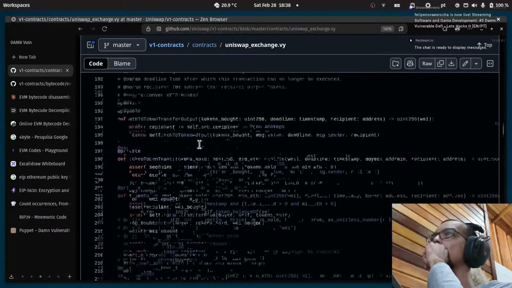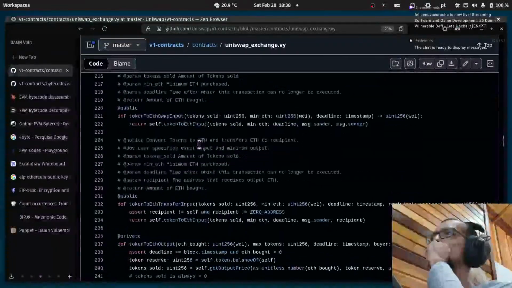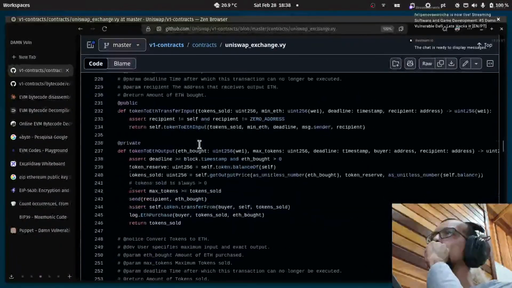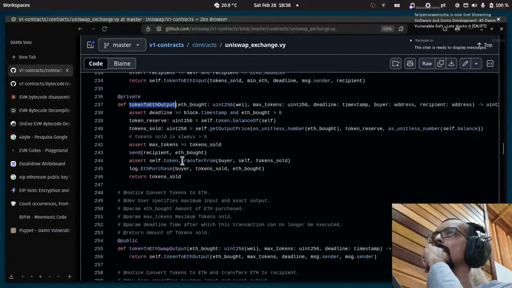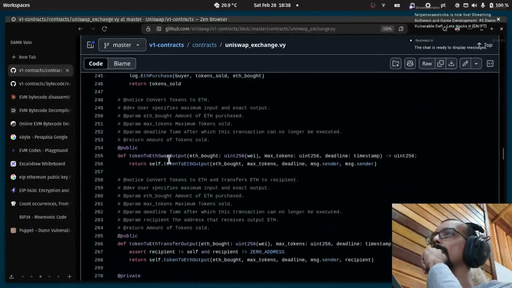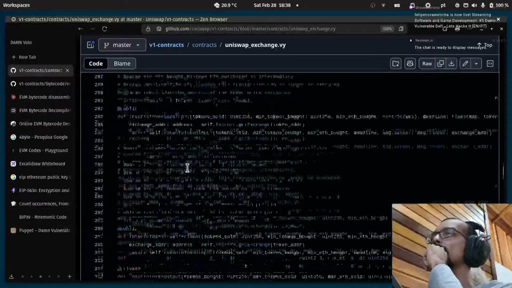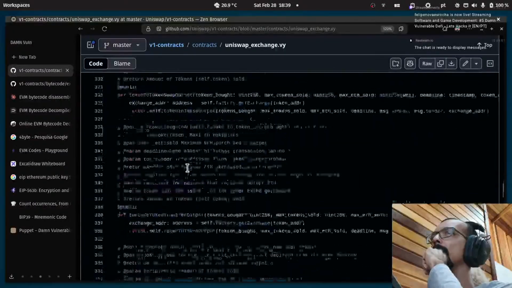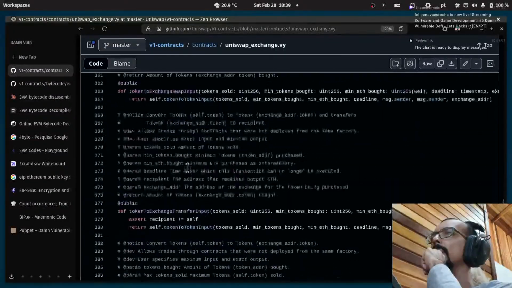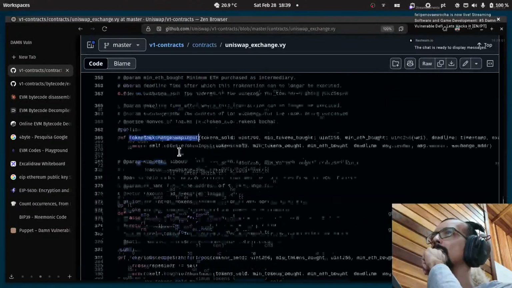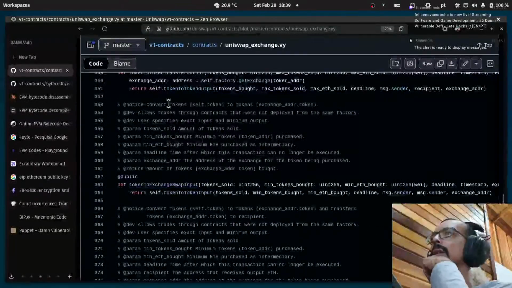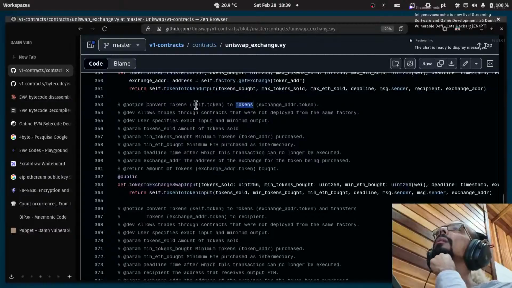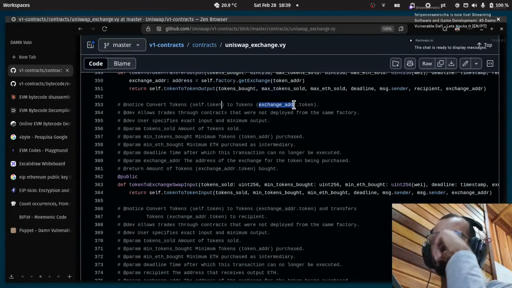Yeah, I don't remember. Anyways, having tokens to Ethereum here. Swap outputs, transfer, input, swap, etc. I will have a token to exchange. Convert tokens to tokens. Self tokens to exchange address token.